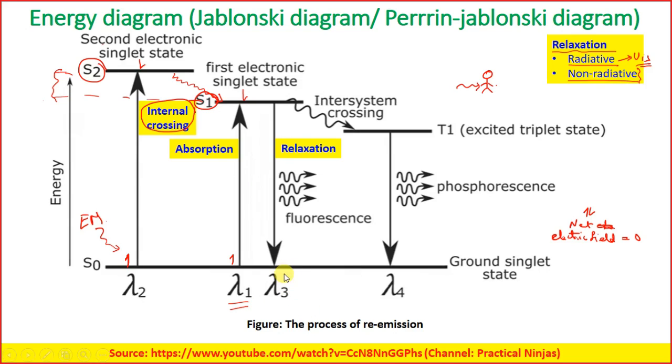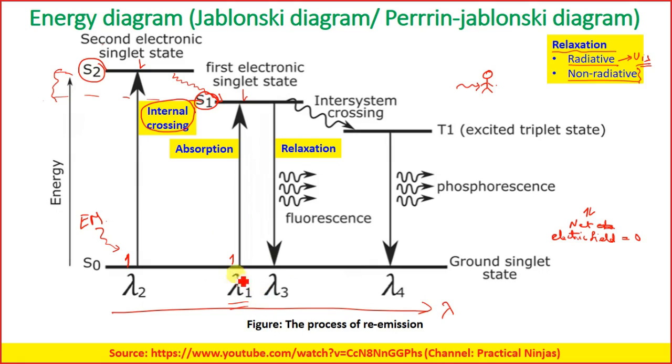Now before I go forward to this S1 state, we can have another set of molecules which may go to this state directly from the ground singlet state, and in that case it will absorb a lesser amount of energy. As I told you, as we are going from left to right, our lambda is increasing.